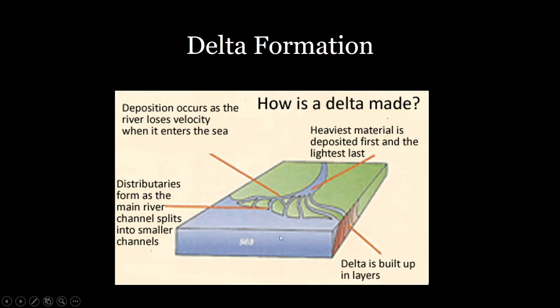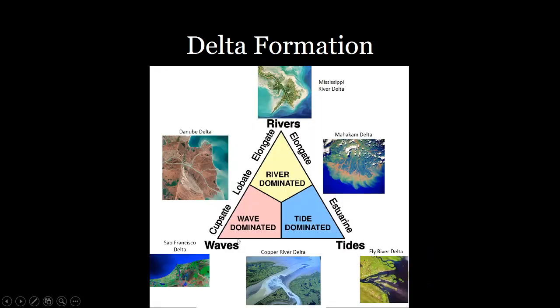And so we can classify the delta based off of whether it's wave dominated, river dominated, or tide dominated, or a combination of the three.